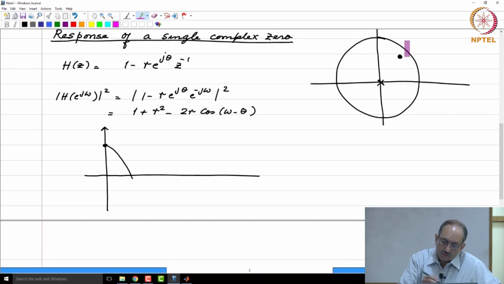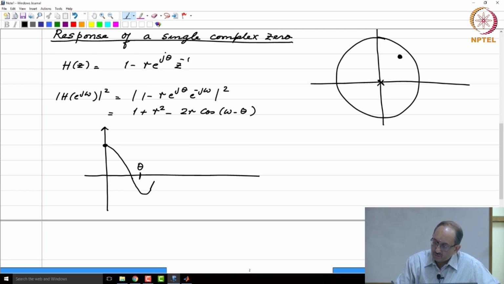And when you are exactly at the same angle as the angle of the zero, that is when omega equals theta, you will be closest to the zero. So you can expect the response to have a minimum value at that particular frequency, omega equal to theta.